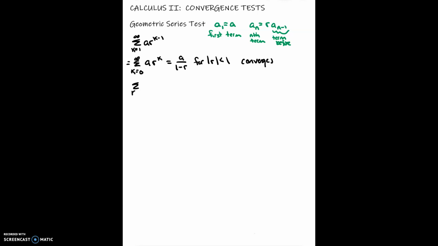However, this series diverges if the absolute value of r is greater than or equal to 1. So it turns out all we're going to have to do is identify a, identify r. If the absolute value of r is less than 1, it converges, and we know what it converges to. But if the absolute value of r is greater than or equal to 1, then it diverges. Let's try some examples.